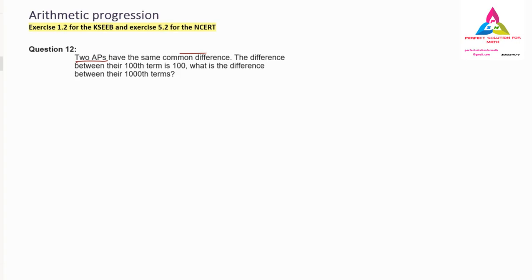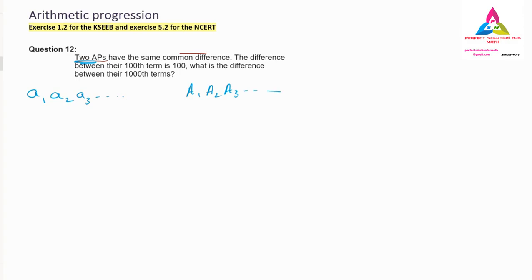The first thing we have to glance over here is that there are two APs. The first AP I can write down as a1, a2, a3, and so on. The second AP I can take as capital A1, capital A2, capital A3, because they are different APs.